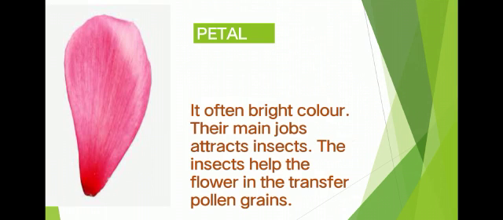This is the petal of the flower. Their major job is to attract insects such as bees or butterflies to the flower. The insects help the flower in the transfer of pollen grains. Pollen grains are small seeds that help in reproduction.